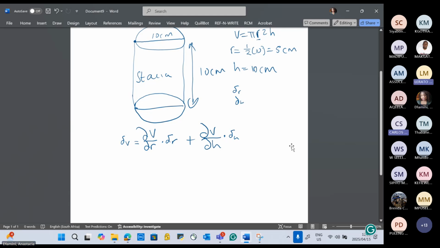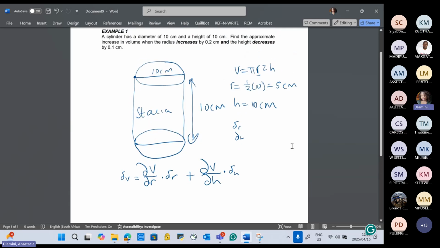Yes, we were given them. What are they? The small change in R is 0.2 centimeters, and the small change in H is a decrease of 0.1 centimeter.